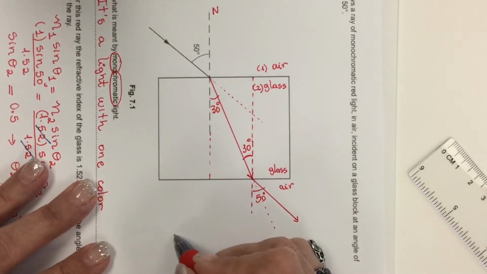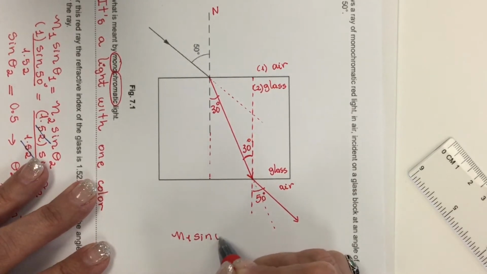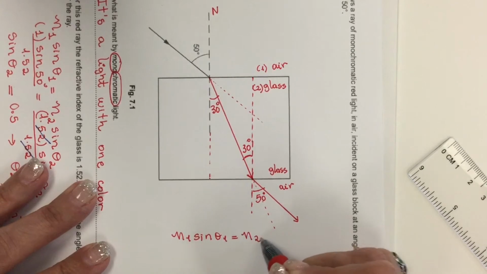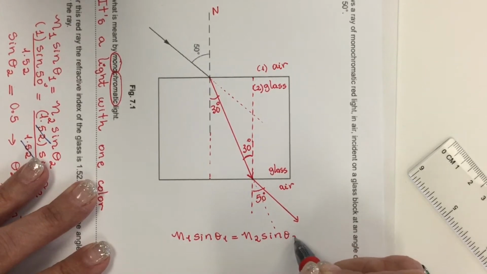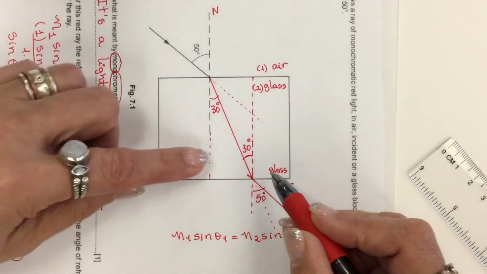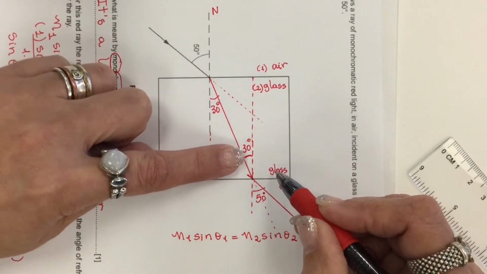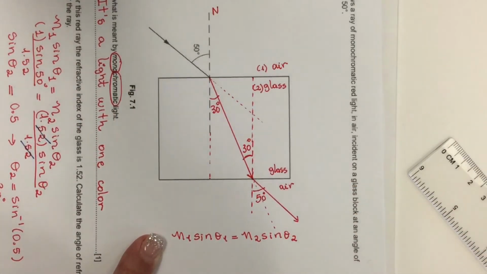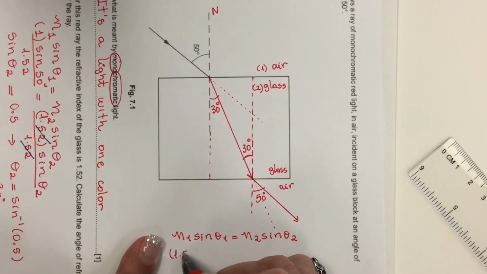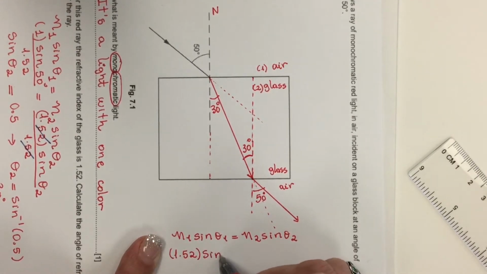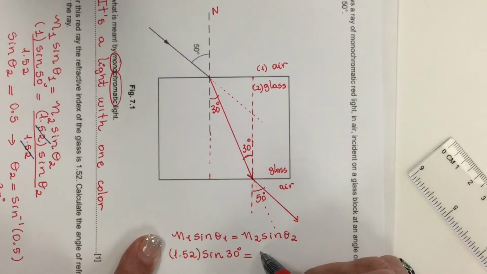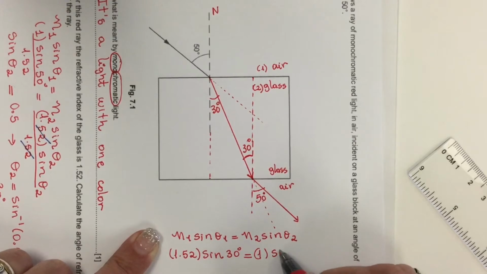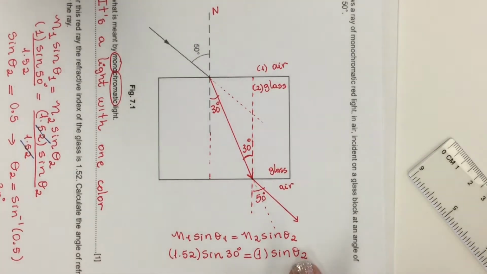So at this point here, my n1 sine of theta 1. I changed the medium, right? Now my medium 1 is the glass, above the boundary line in this view. So the index of refraction of the glass given in the problem is 1.52 times sine of this incident angle, which is 30. My n2 now is the air, so n2 is 1 times sine of the angle that I want to calculate.